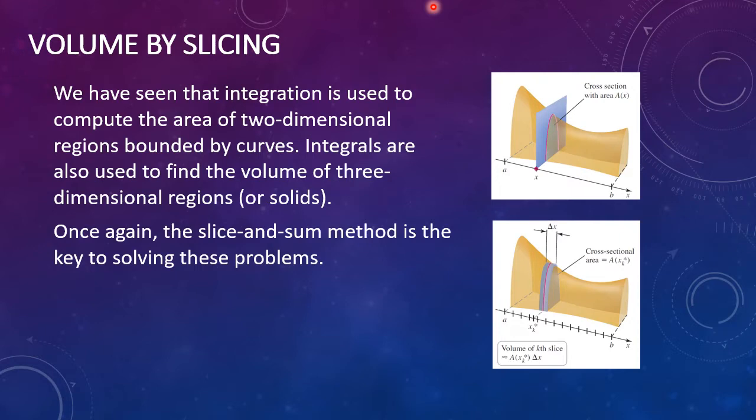Integrals can also be used to find the volume of three-dimensional regions or solids. We're going to use a similar method, basically slicing and summing, where we calculate a cross-section area, as you can see in the top graph over here, and then add all of those together. So the slice and sum method we'll continue to use.